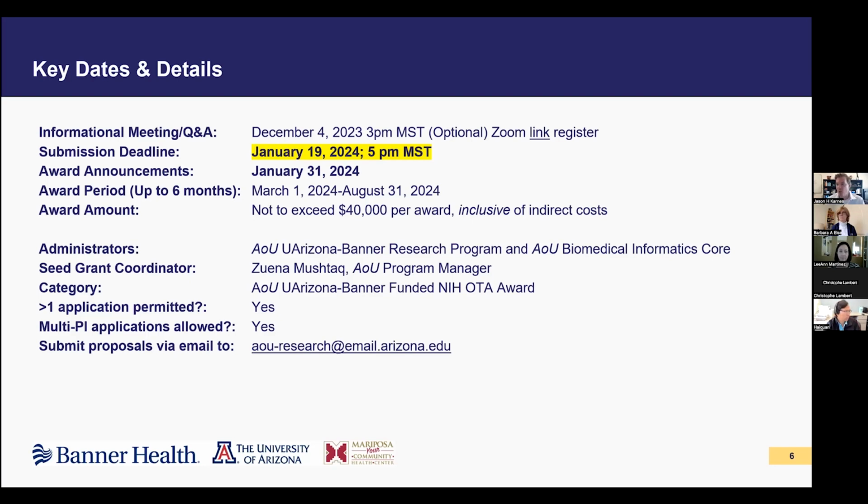The money originates from the NIH, and there's no way we can get the money out without adding indirect costs inclusive of that $40,000 award amount. So depending on what your indirect rate is for the NIH, which presumably has already been negotiated for your institution, that will come off of that $40,000 fixed sum.